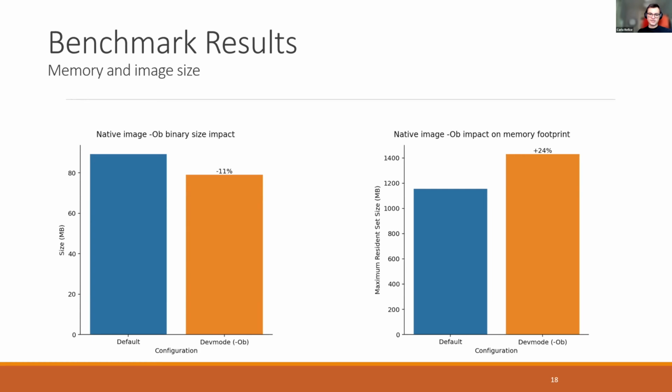Whereas the memory footprint, that is the maximum resident set size, so the amount of memory that is actually used by the program at maximum, has increased by around a quarter. And once again, this is a result of the fewer performed optimizations, such that not as many allocations and usages of memory can be optimized away.